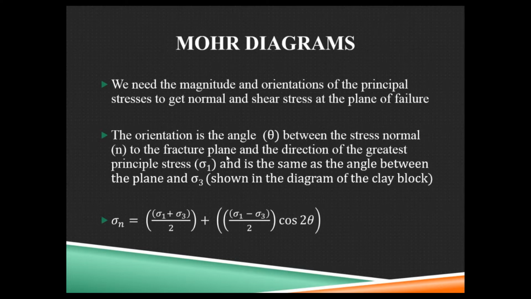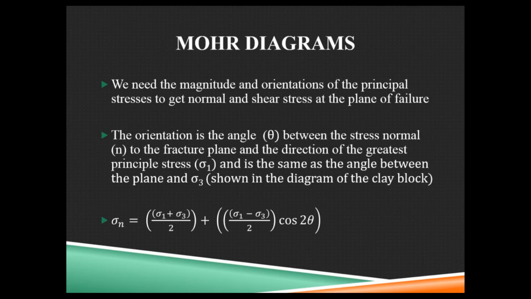Now, this might seem a little confusing here. This is where if you take that diagram for that clay block and you extend lines and you use all your triangle geometry, complementary angles, and so forth, it turns out that the angle between the stress that's normal to the fracture plane and sigma 1 is the same as the angle between that fracture plane and the plane of sigma 3.